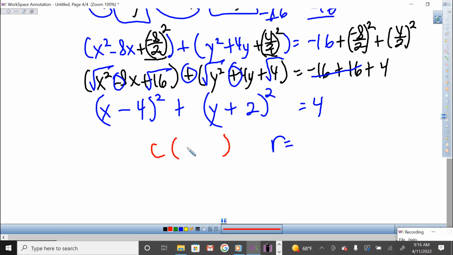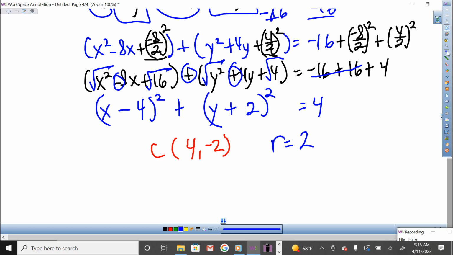Megan, center. 4, negative 2, and the radius? 2, that is correct. 4, straight from here, because it's a negative, so it's just 4. This is a positive 2, but this is supposed to be a negative, so that's why we wrote negative. And take the square root of this number, and that's 2. All right? So that's pretty much the circle.